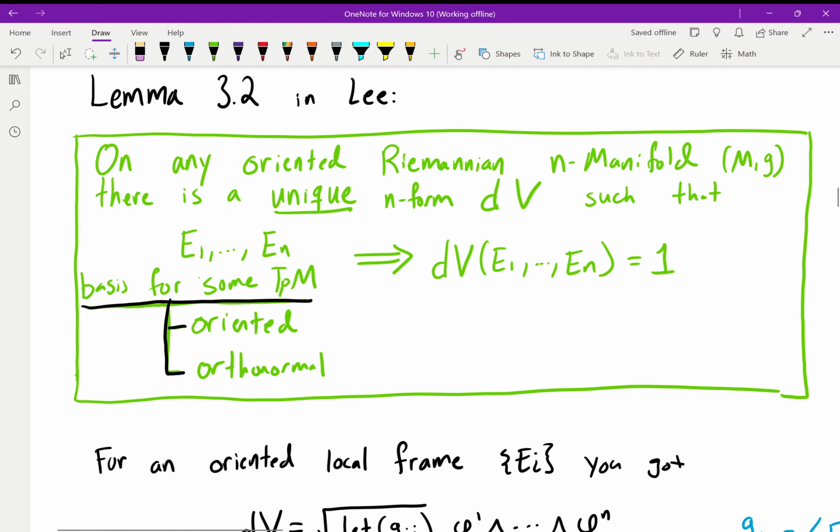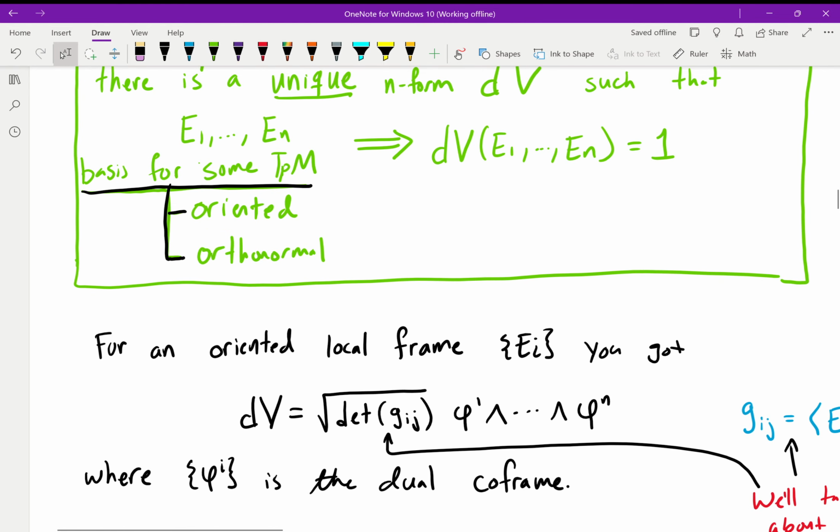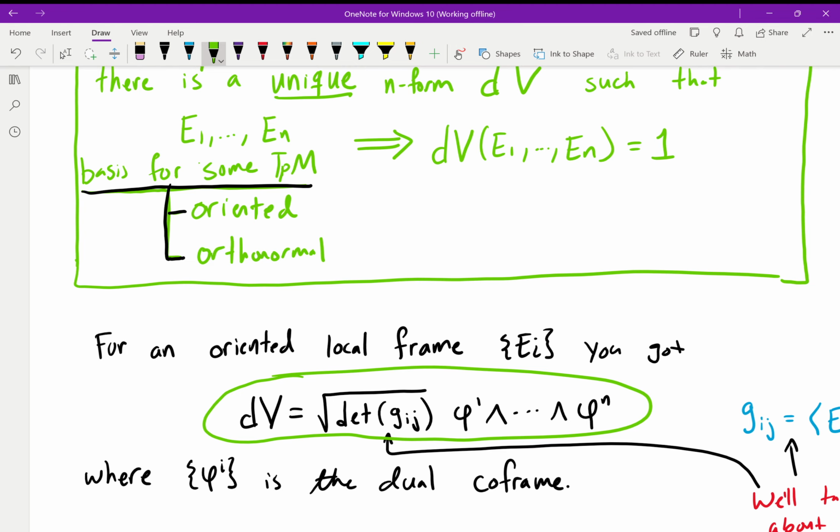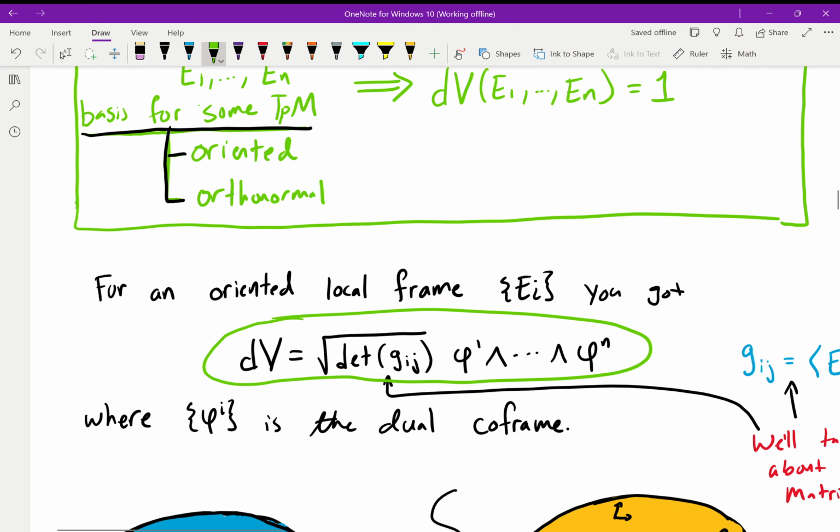Okay. And specifically, if you have an oriented local frame E_i and its dual coframe phi^i, you can actually write dV explicitly as this expression here. You might notice I have the determinant of g_ij. What is that about?